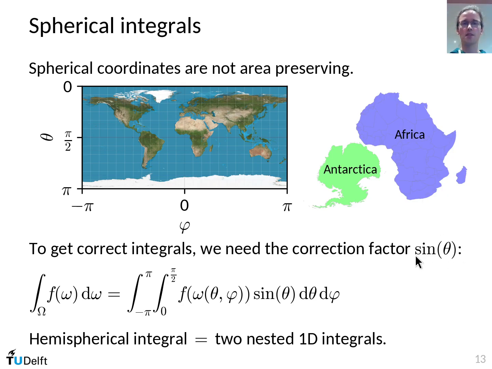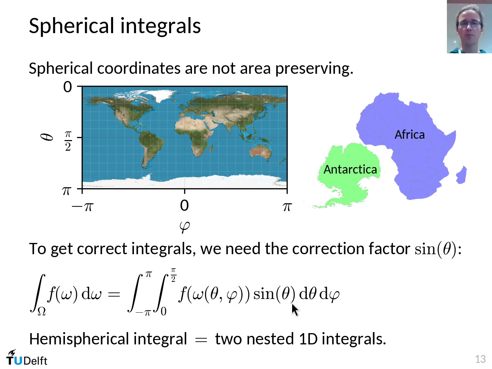sine of theta. So then the way in which we define an integral over the hemisphere omega of a function f is that we use a nested integral over theta and phi. And in here we are integrating over the function f evaluated at the direction vector that corresponds to these angles.